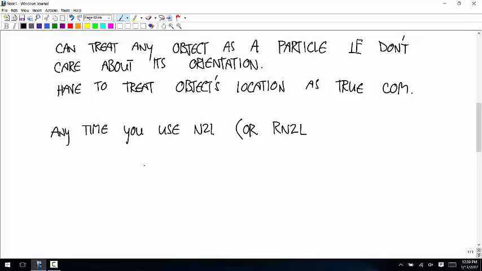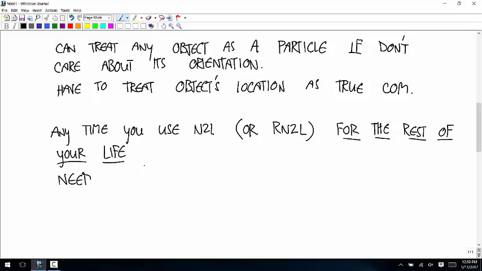But anytime you use Newton's second law or the rotational version of Newton's second law for the rest of your life, you need to draw an associated free body diagram.